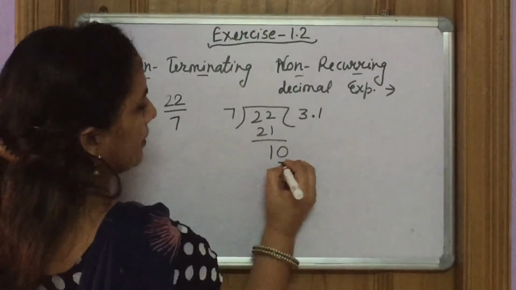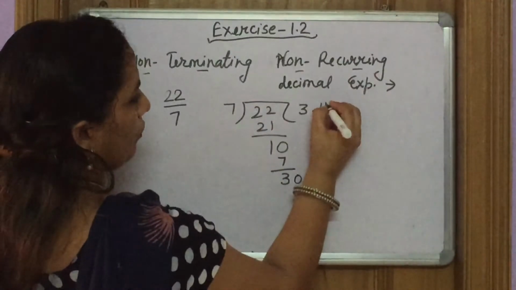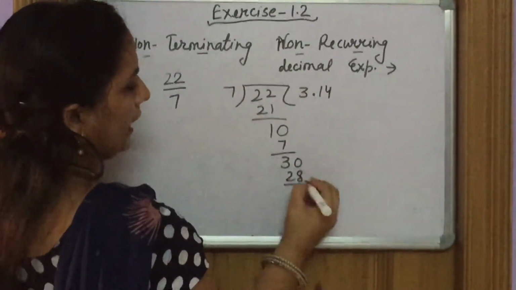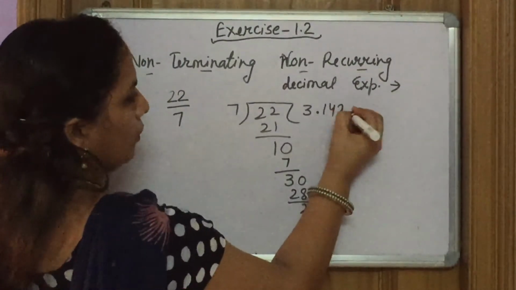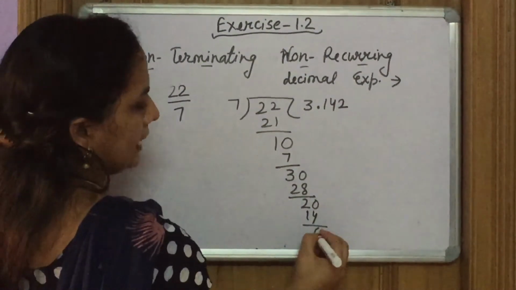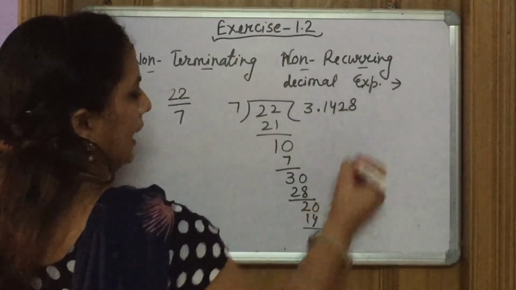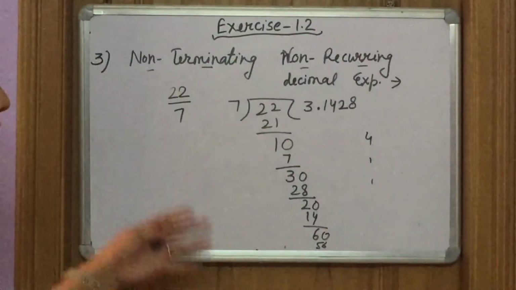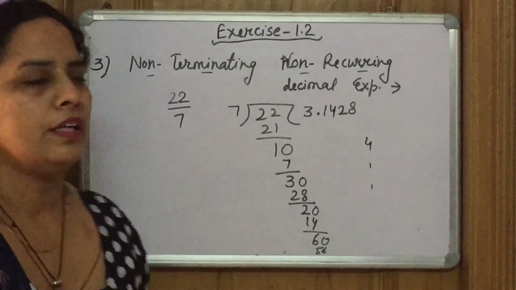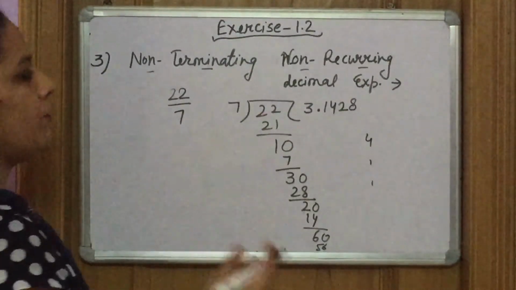Then after this 3, then again 0, 4, then 28, then 2, then 0, then 2, 14, then 6, then 0, then 8, 56. The remainder becomes different in every step. This division will not stop, it will continue up to infinite.